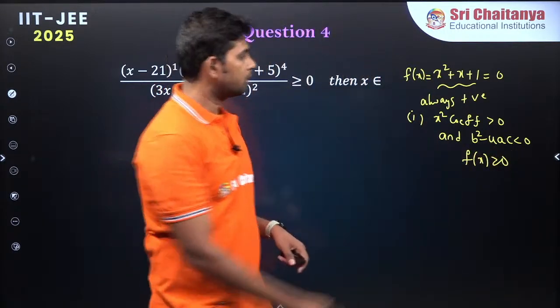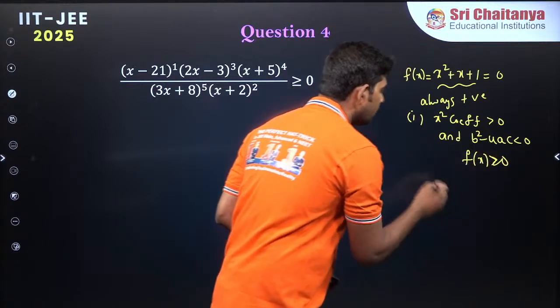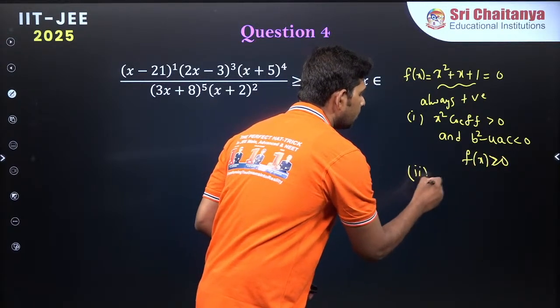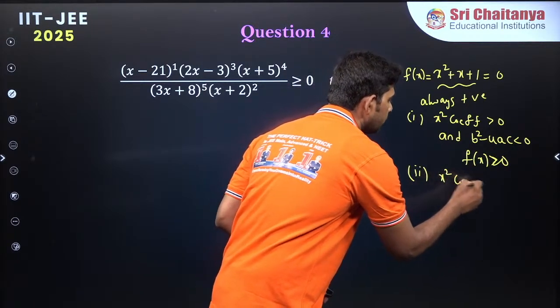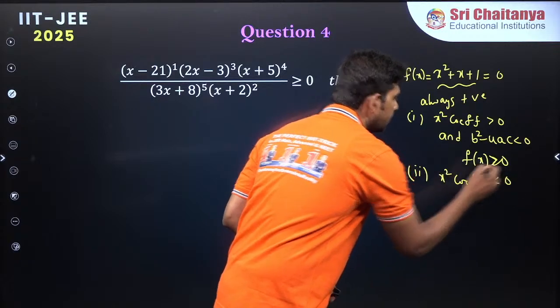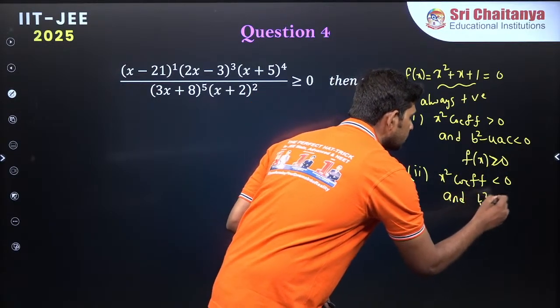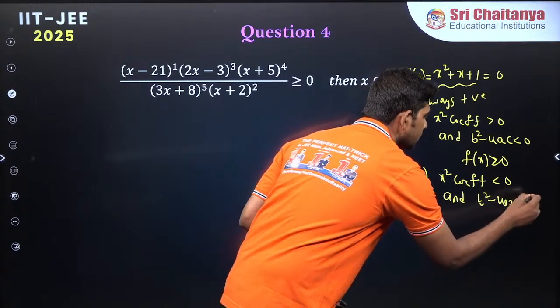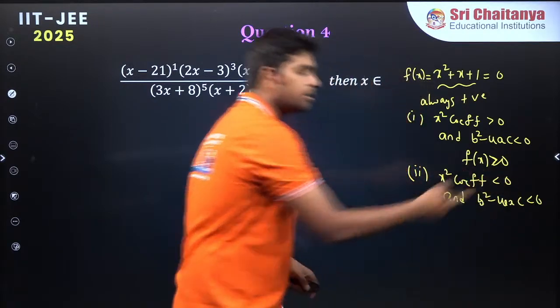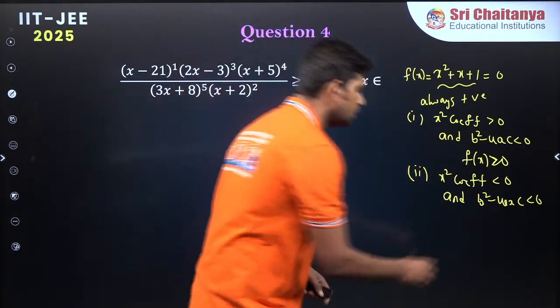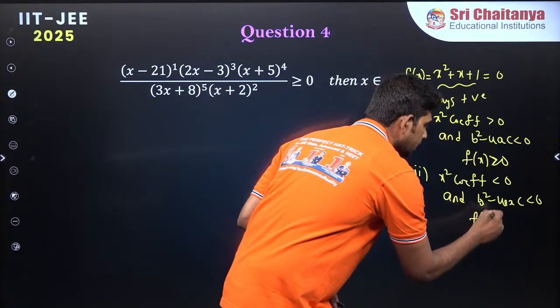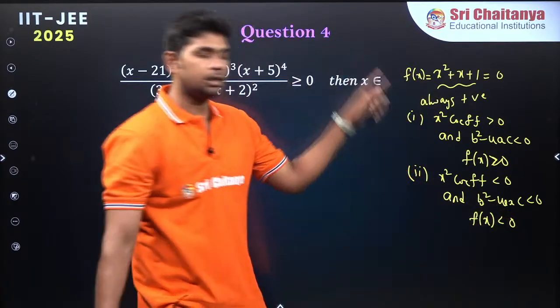So this is always positive. What if I take the second case, where the x square coefficient is negative, and b square minus 4ac is negative, meaning there are imaginary roots? Then f of x is always negative. So these are the conditions for you.